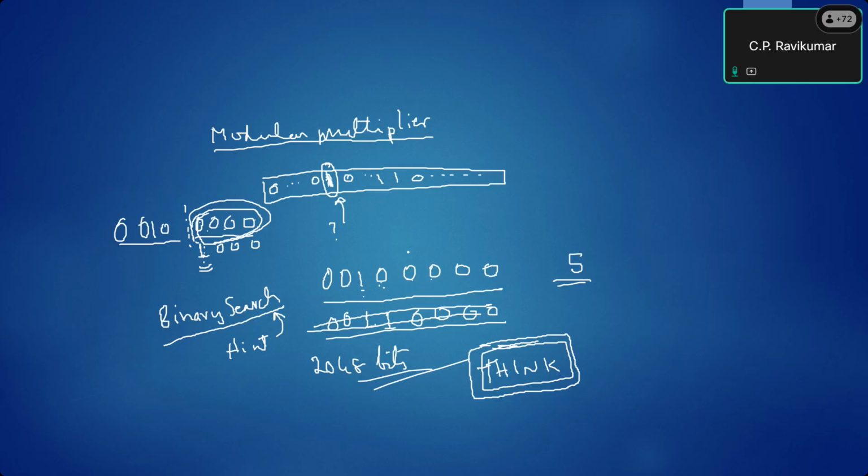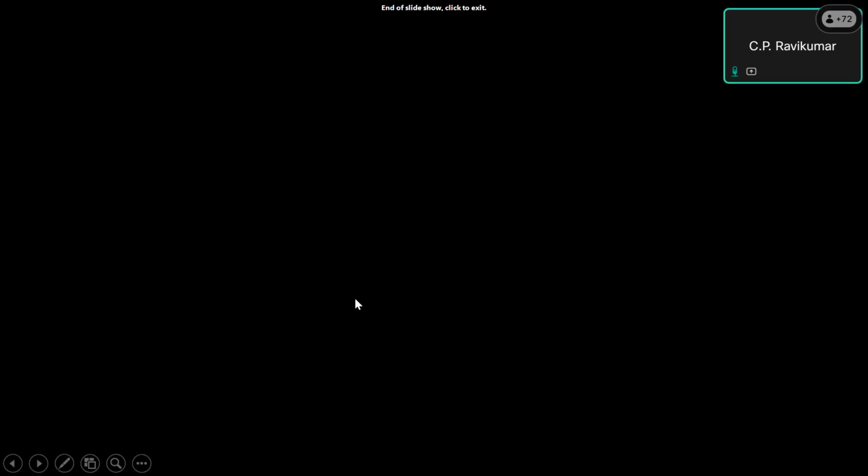Some people will say, I will find the middle bit. If it is 1, it is something; otherwise, go to the left, go to the right. That kind of an algorithm you may have to try. I'll leave that to you as an exercise.